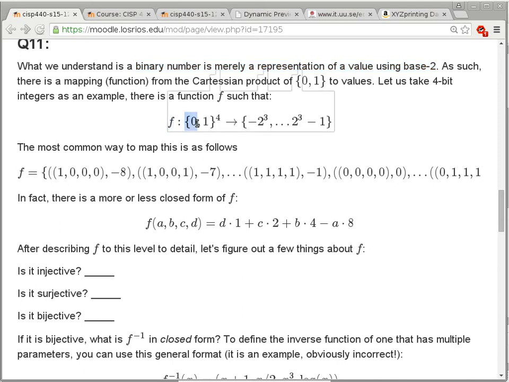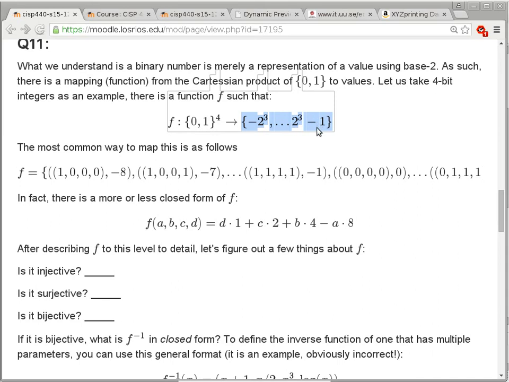It maps from the Cartesian product of {0, 1} 4 times. So this means we are making the Cartesian product of {0, 1} with {0, 1} with {0, 1} with {0, 1}. Okay? That's the 4-time Cartesian product of {0, 1}. And we are mapping the Cartesian product to the actual values, going from -8 to +7.